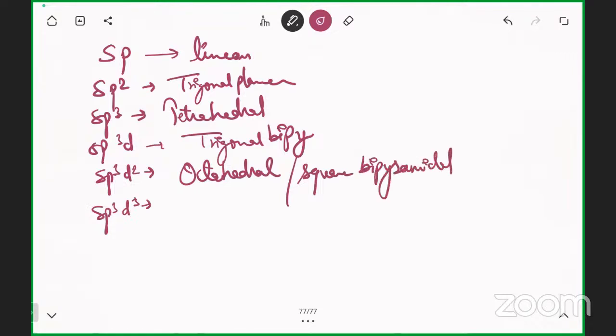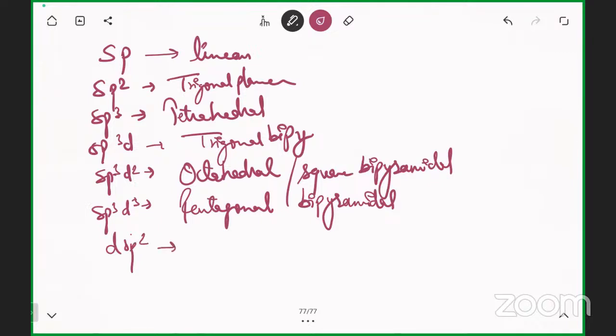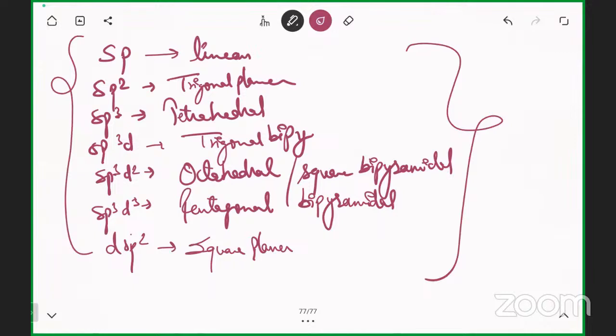SP3D3, pentagonal bipyramidal. Revise that class. And what is the shape of DSP2? The last hybridization I told: that is square planar. So these were the hybridizations, and these were the shapes.